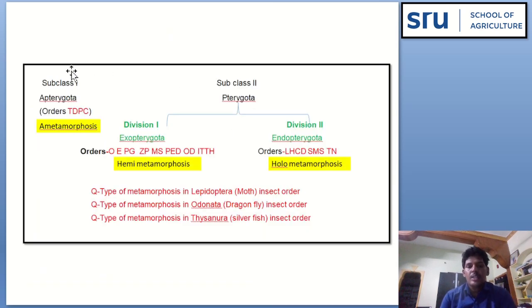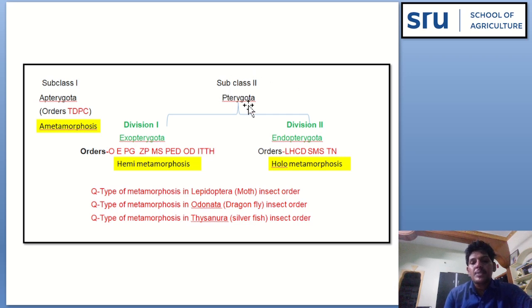See here, in subclass 1, that is Apterygota, four orders, that is Protura, Thysanura, Diplura, and Collembola, all undergo ametamorphosis. There is no change in the form of young ones with respect to their adult stage.